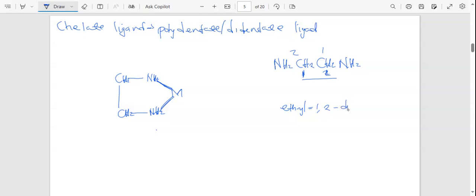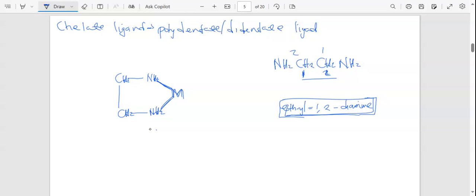So this will be diamine. That's how you can name that example of a chelate. Even the same EDTA, ethylenediaminetetraacetate, can also be a chelating ligand because it can make a circle. We saw that. So this is one example of a chelating ligand.